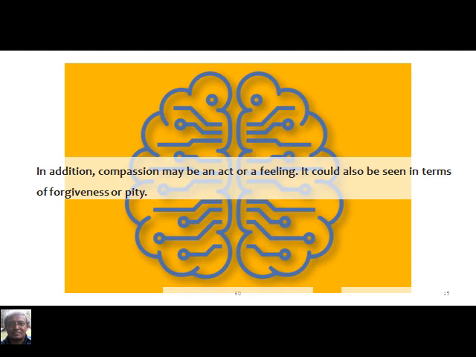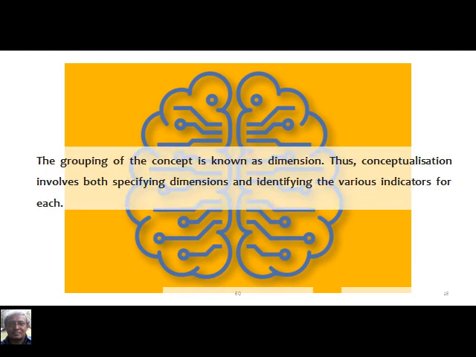In addition, compassion may be an act or a feeling. It could also be seen in terms of forgiveness or pity. The grouping of the concept is known as dimension. Thus, conceptualization involves both specifying dimensions and identifying the various indicators for each.